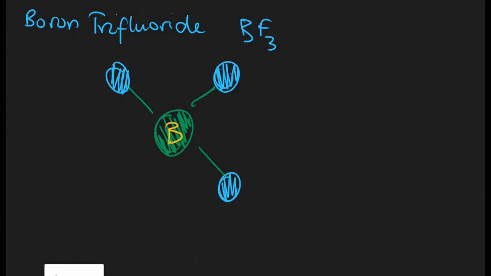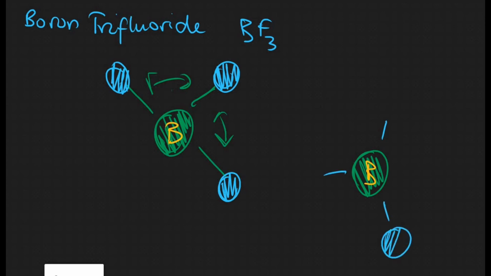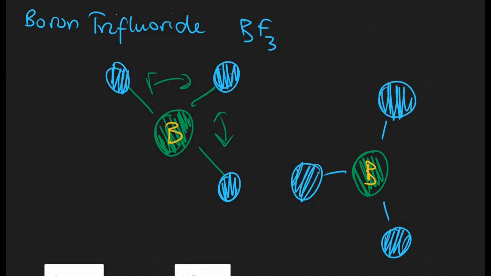So basically, push these out a bit more, and in that case you'll end up with boron being a central atom still, and definitely, you'll have the fluorine atoms being away from each other, resembling the structure right here.